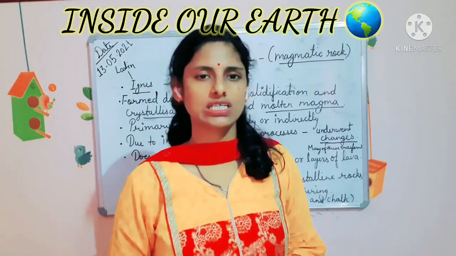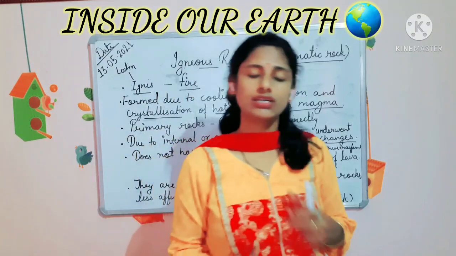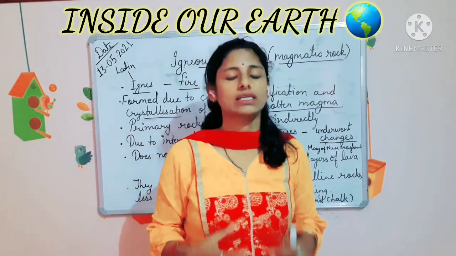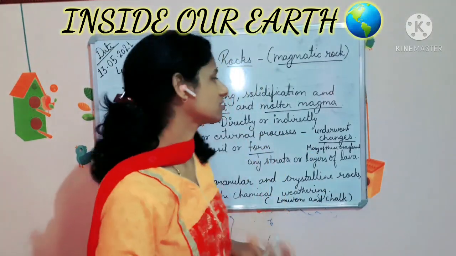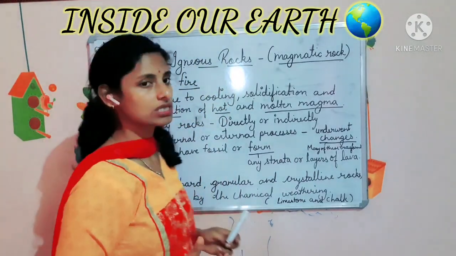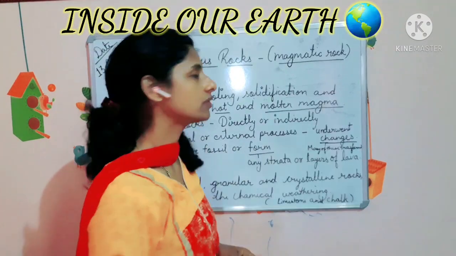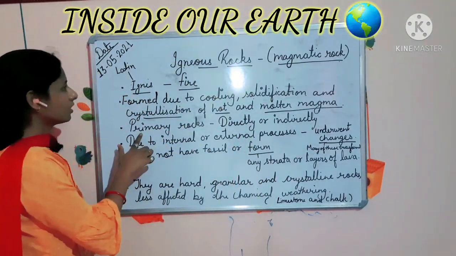As we discussed in our previous video, when a volcanic eruption takes place, the molten magma comes to the surface, and through cooling, solidification and crystallization, igneous rocks are formed.